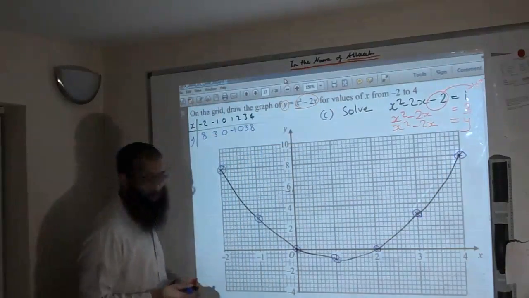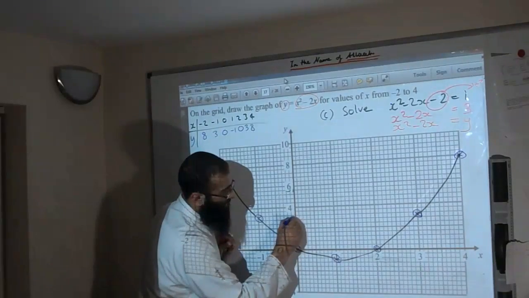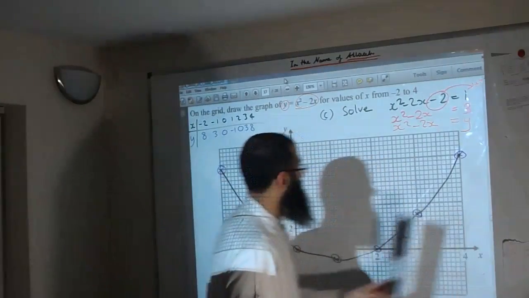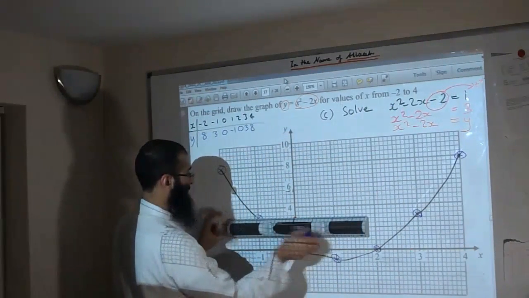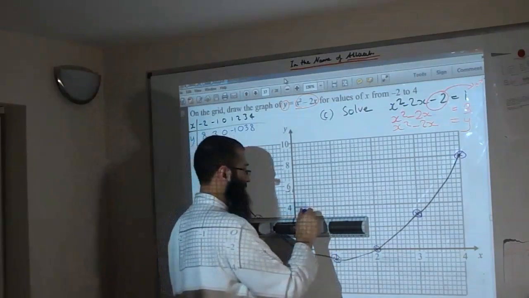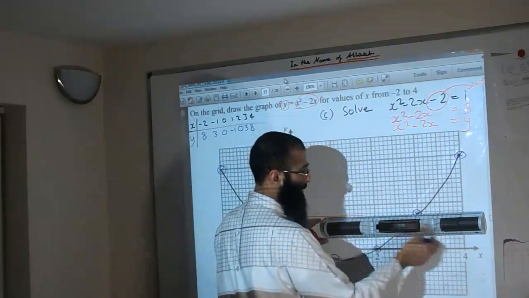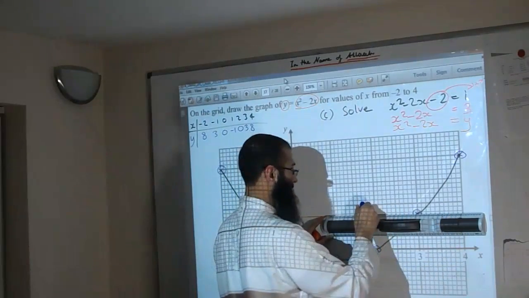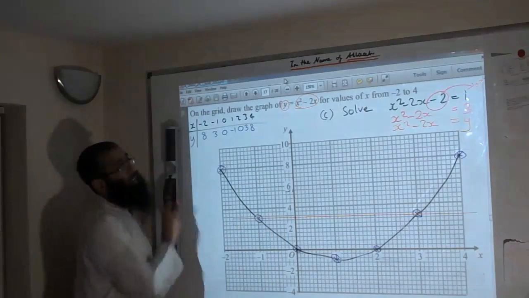So where's the line y equals 3? So here's 2, and y equals 3 starts there. Alright, let's get the ruler. That's basically what they've done.